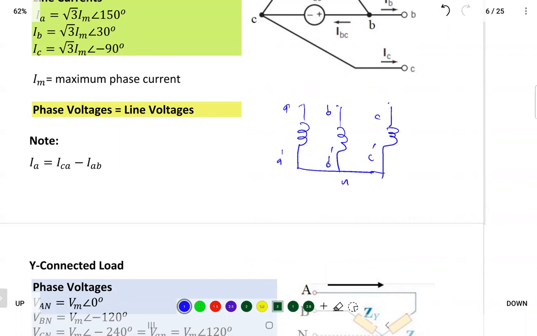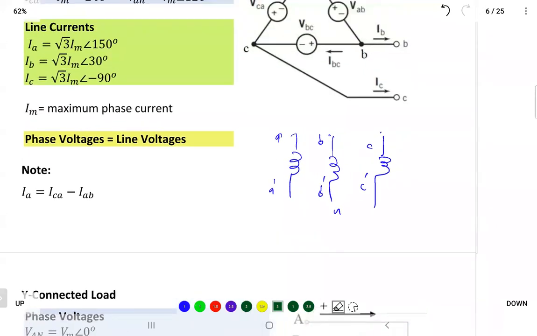That's star connection or Y connection. But now we want to make delta. For delta, you connect the beginning of this one, A dash, to B. The end to the beginning of the second, the end to the beginning, and the end to the beginning.